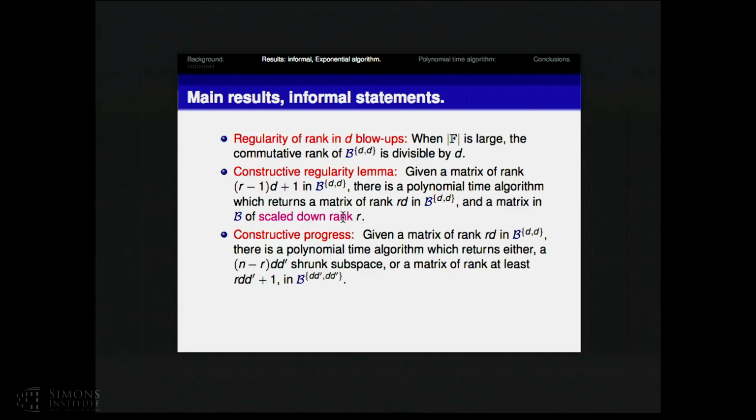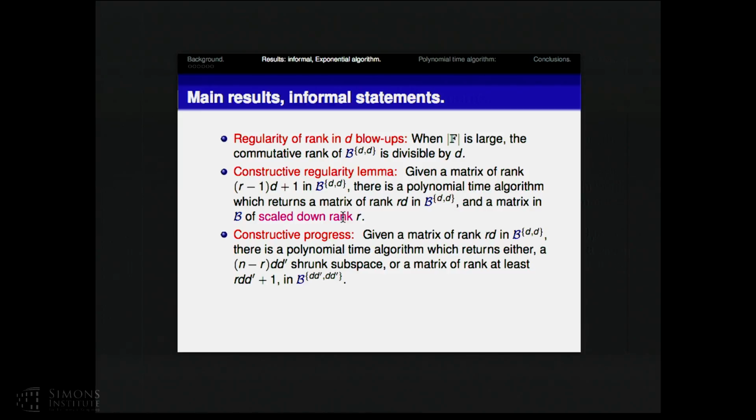That is, if I give you a matrix in the Dth blow up which has rank (R minus 1) times D plus 1, then you should be able to scale up the rank to be a multiple of D. So you can in fact get a matrix of rank R times D in that. We also show that this can actually be done constructively.